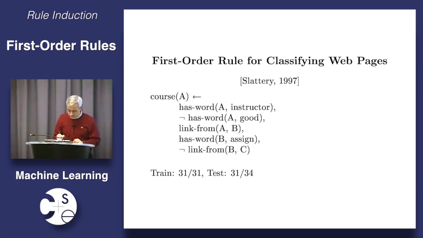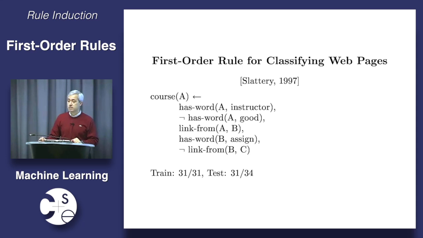So it says that A is a variable, A is a course. This is how you read a rule like this. What does this first antecedent say if you translate it into English? Web page A has the word instructor. Right. So if the web page contains the word instructor, that makes it more likely to be a course page.